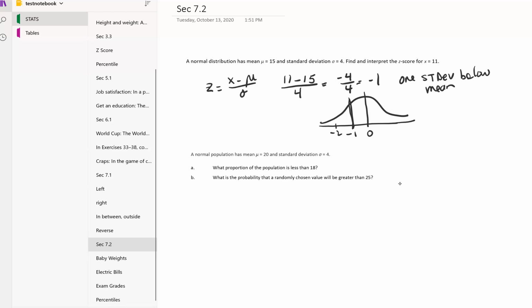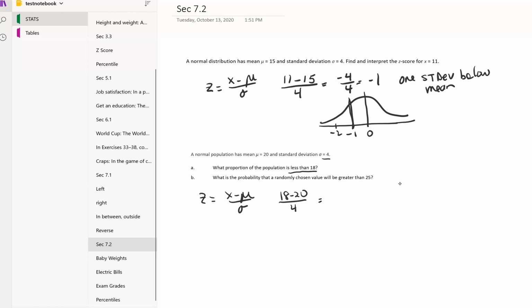Okay, the next one. A normal population has a mean of 20, standard deviation of 4. What proportion of the population is less than 18? This is a less than problem, so whatever number I look up in the chart will be my answer. So I have the formula again. Z is x minus mu over sigma. So it's going to be 18 minus 20 divided by 4.